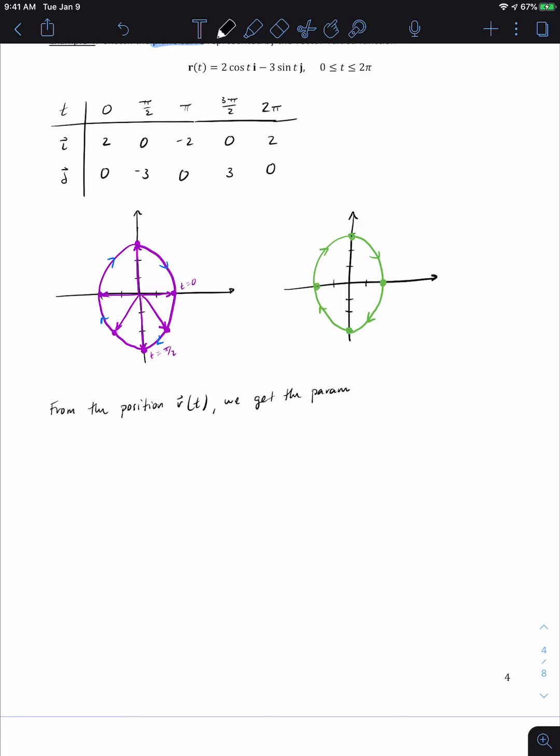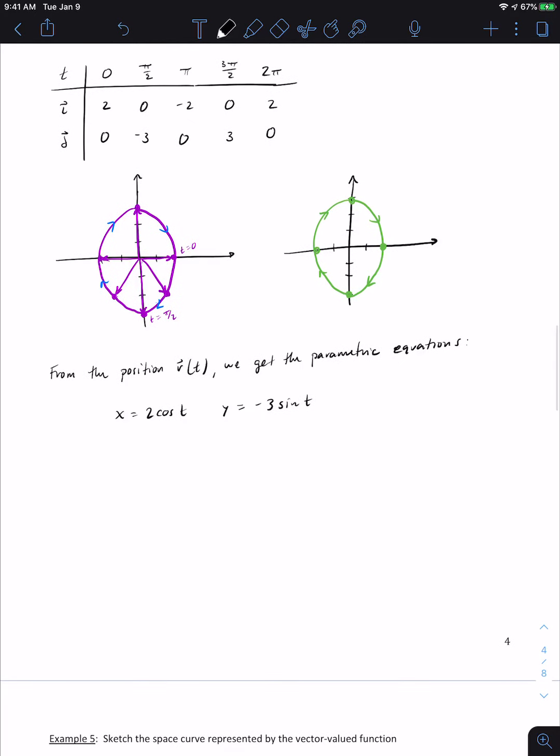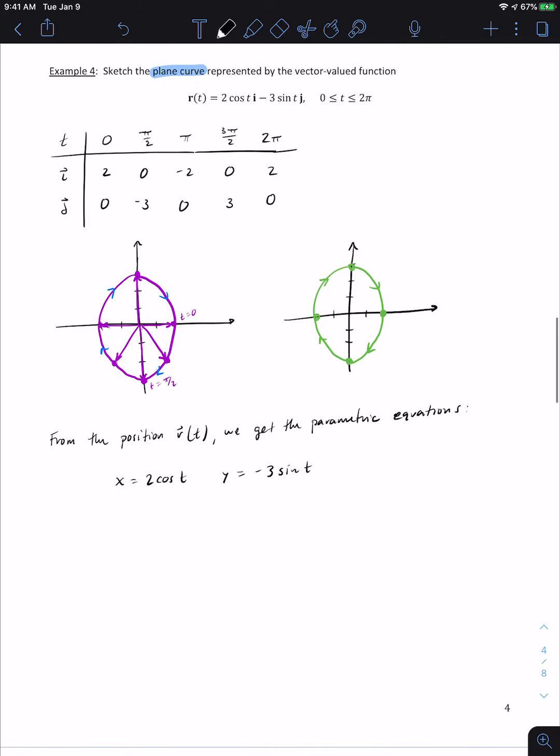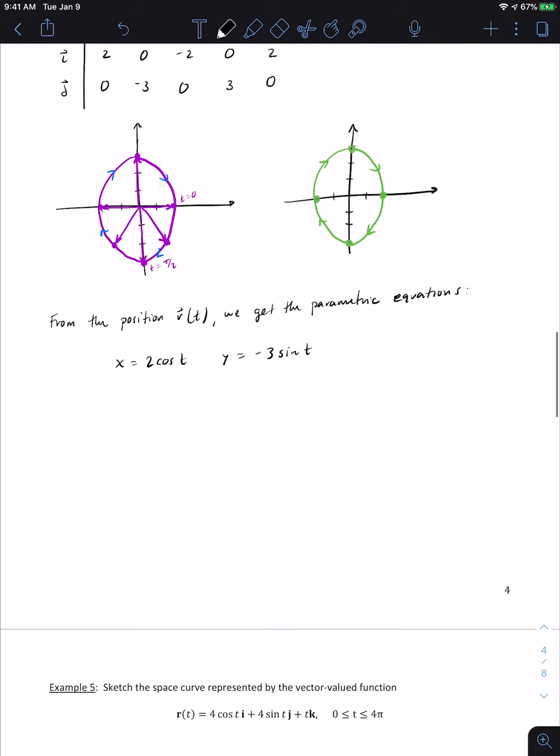And again, I kind of already talked about this, but we get x equals 2 cosine of t and y equals -3 sine of t. Right? Because we can always think of this as the first parametric equation and this is the second parametric equation.